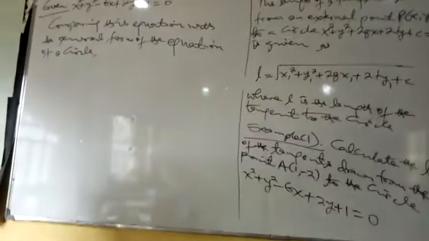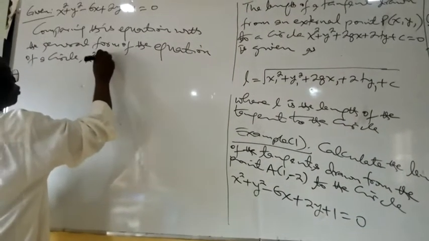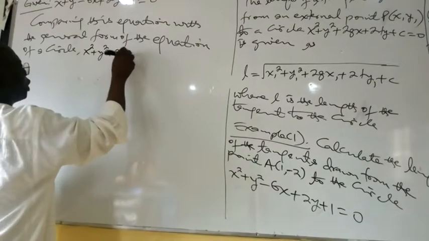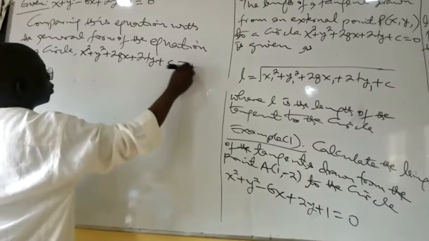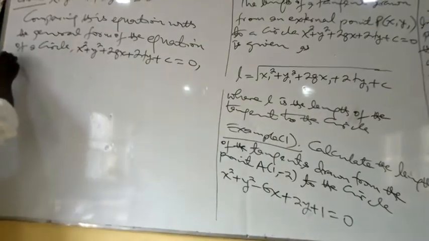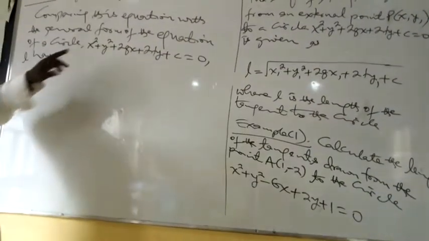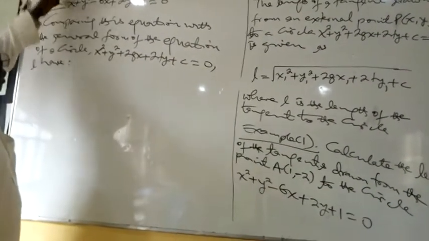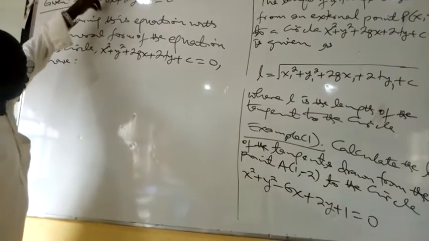Equation of the circle: x squared plus y squared plus 2gx plus 2fy plus c is equal to 0. Here, you discover that this x squared corresponds to this x squared, y squared corresponds to y squared, and 2gx corresponds to minus 6x.